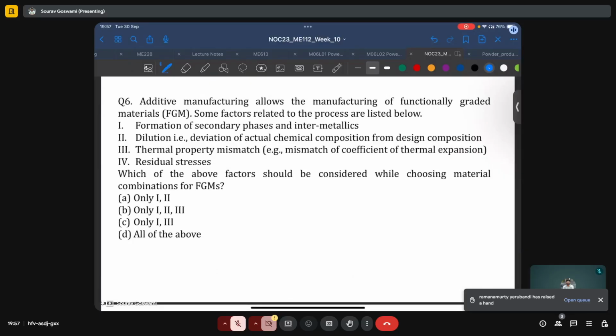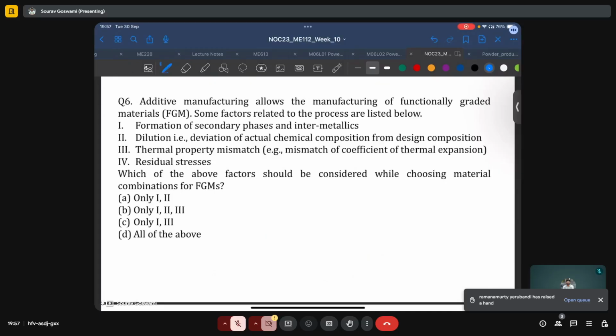Now, question 6 is asking us that additive manufacturing allows the manufacturing of functionally graded materials or FGMs. Some factors related to the process are listed below. Formation of secondary phases and intermetallics, dilution, that is deviation of actual chemical composition from the design composition, thermal property mismatch, that is a mismatch between the coefficient of thermal expansion and residual stresses.